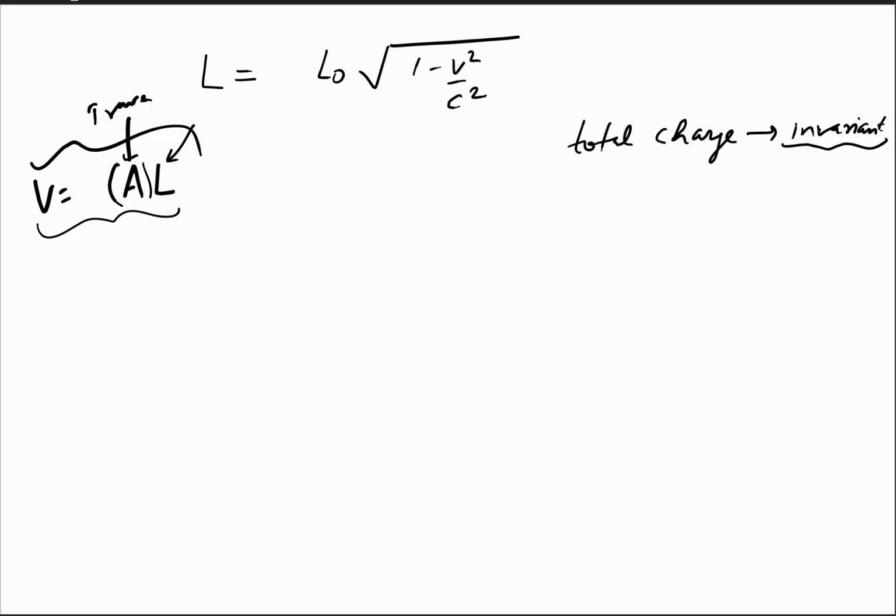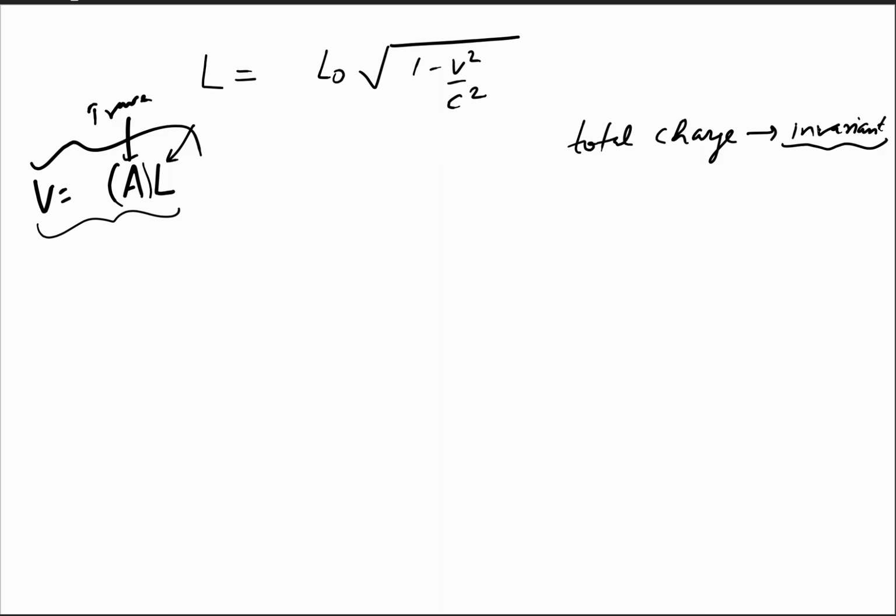reference frame we are looking at, the total charge should not change, because it is a scalar quantity and it is an invariant quantity. If there had been some case where total charge changes with velocity, then we could have easily found out through experiments, like by heating a normal block carrying some charge, we could have increased the vibrations and velocity of the electrons or the charges in it, and because of that it should have become charged.